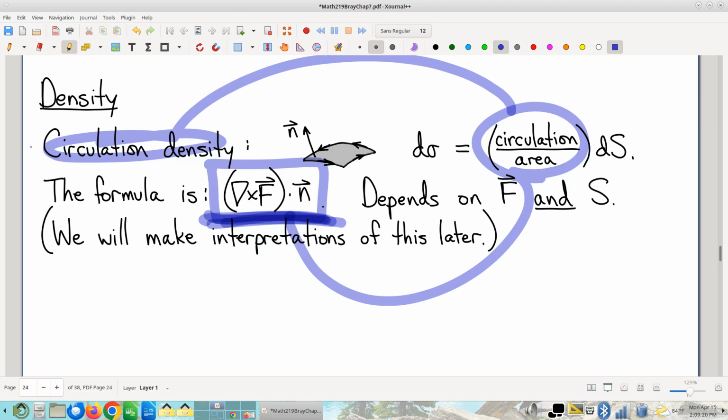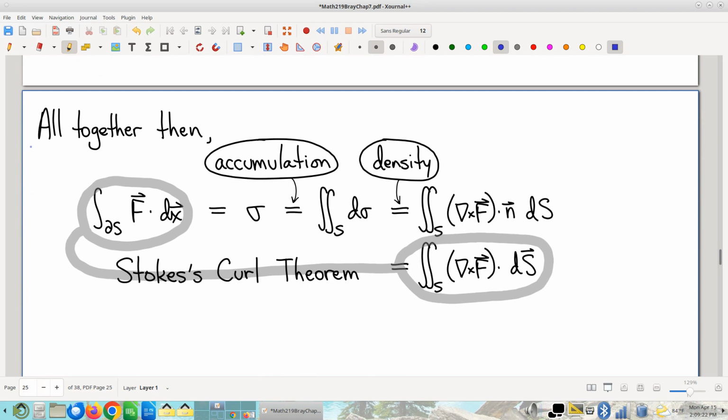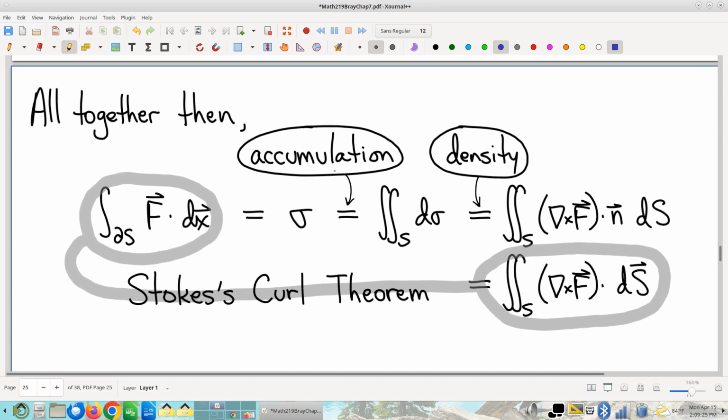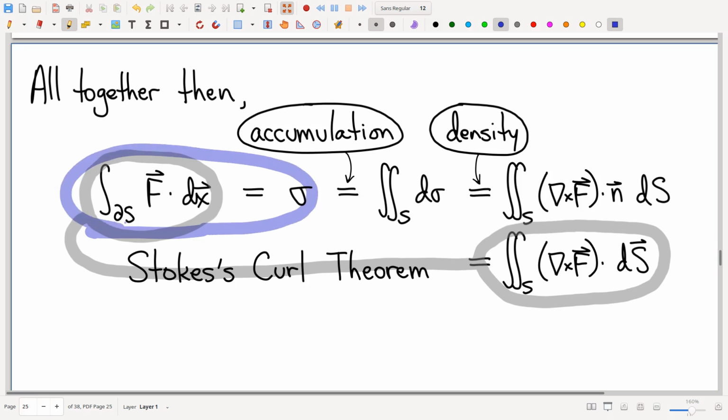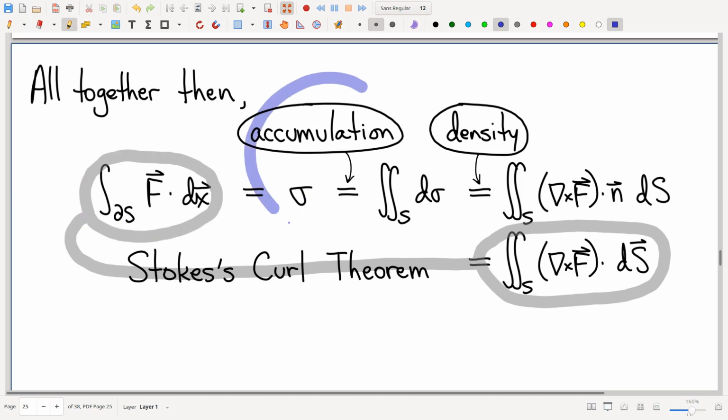Okay. All right, so let's put the pieces together. Y'all have seen something that looks like this, again, several times, right? So we have this formula that computes this thing called circulation. We're going to give that a name. Think of it as a kind of quantity. We've observed that it's an accumulating quantity. The whole is the sum of the parts, like any other kind of stuff.